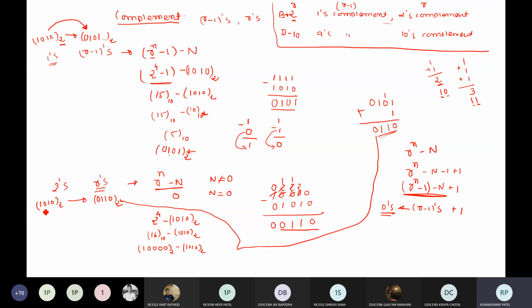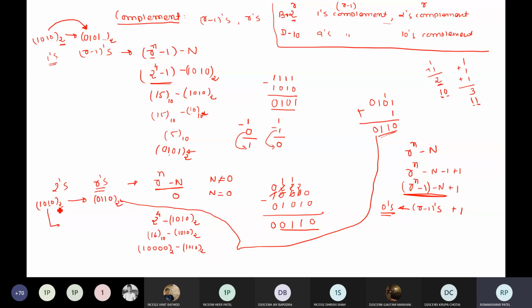Take your number, and from the least significant bit start observing until you get a digit other than 0, which means 1.